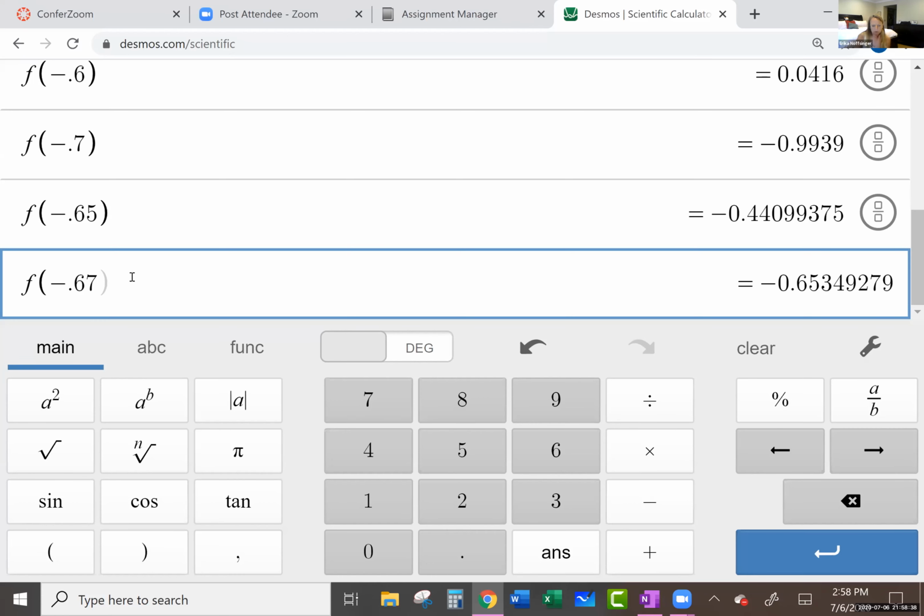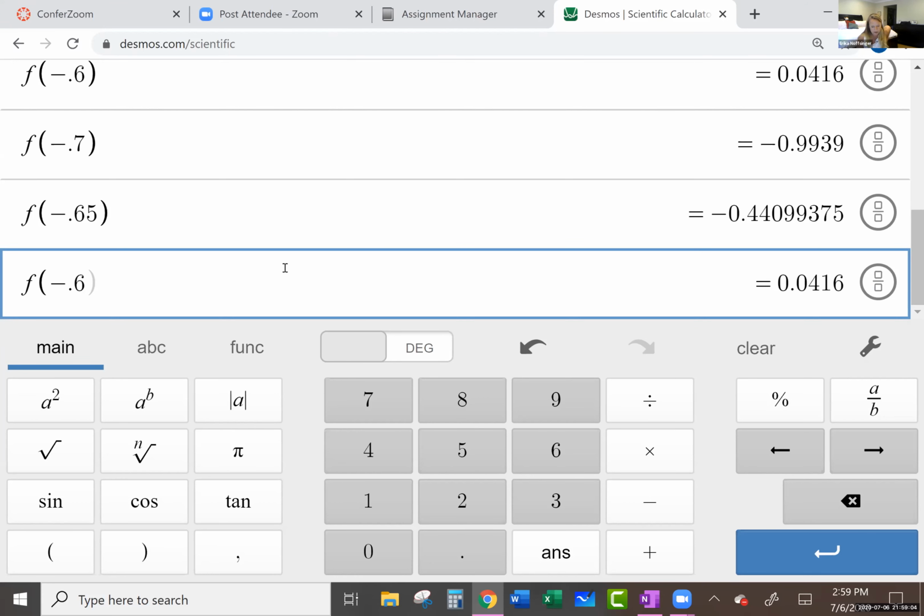So this is negative. What was I looking between? That wouldn't work. It was between negative 0.6 and negative 0.65. So it's the opposite direction. Sorry, the negative is throwing me off a little bit.